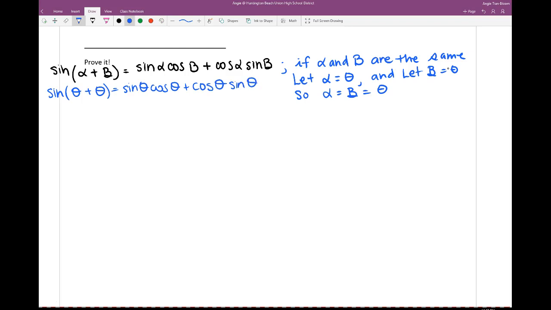And yes, in mathematics, what we do is we manipulate one equation to come up with another, okay? So in here, sine of theta plus theta is now sine of 2 theta, okay? Equals, well, would you agree that in here I can write sine of theta in the front, right?